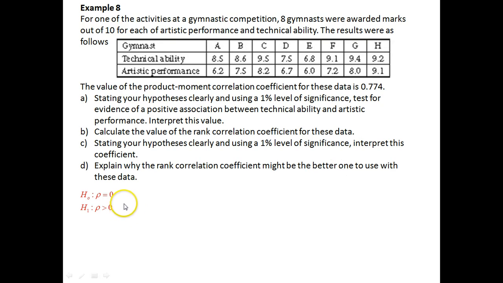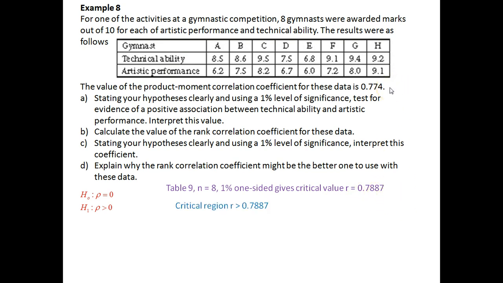First of all, we want to set up our hypothesis. So we're looking for H0: rho is 0, against, we want a positive association, H1: rho is greater than 0. Table 9, n is 8, there's 8 gymnasts. 1% one-sided gives the critical value of r is 0.7887.